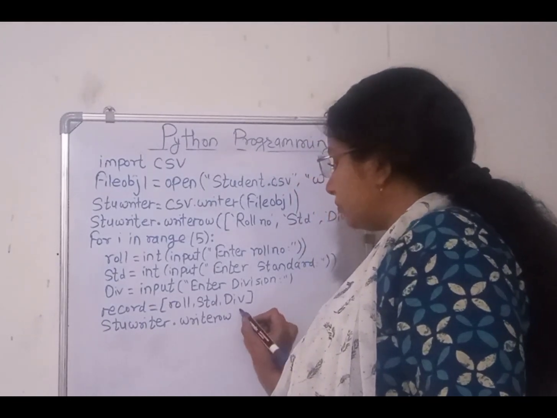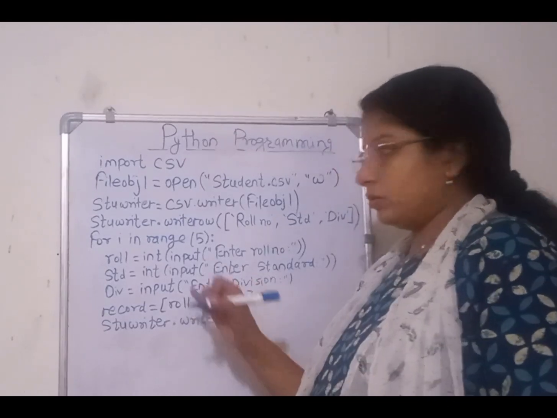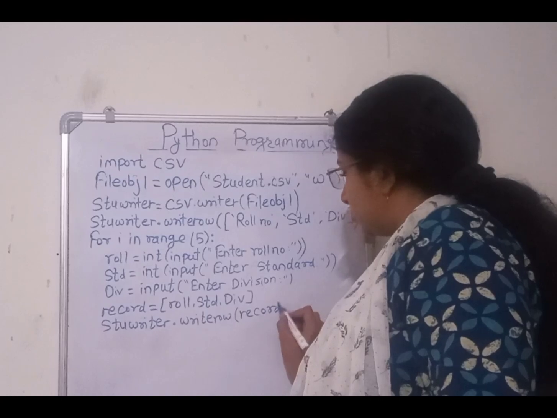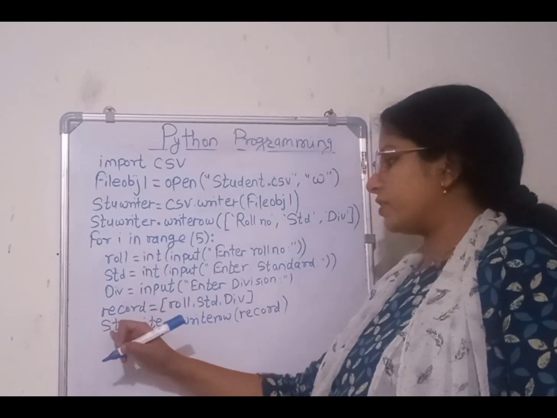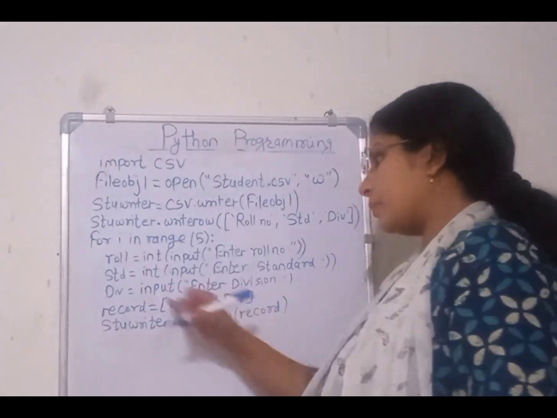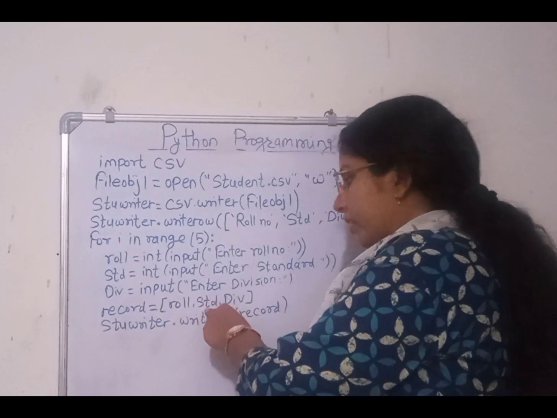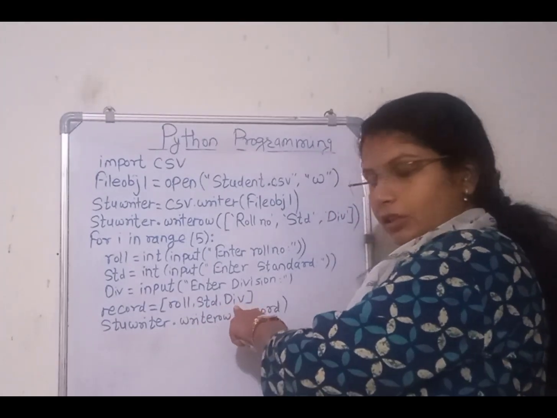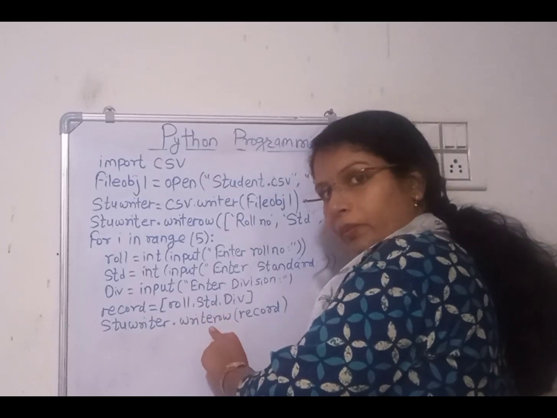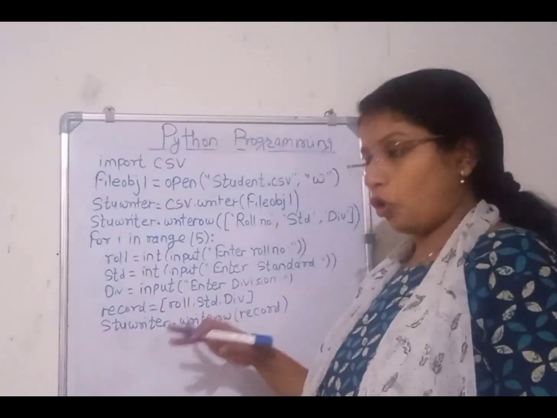Write row, and then just mention this record. So STU writer dot write row, and then this record. In this record your current roll number, standard, division is included, and this record will be written using the write row method called by the stu writer object.